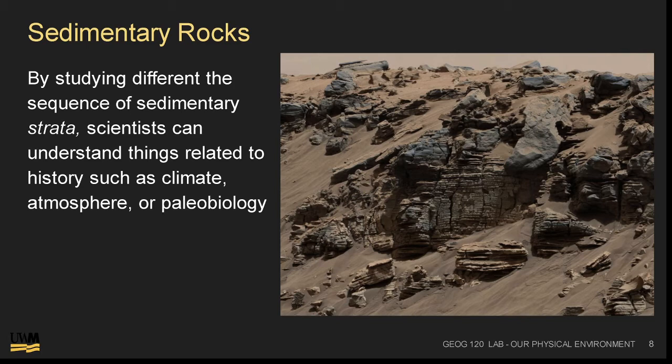So if you look at a cliff like this, you can work your way down the various strata, analyze the chemical or structural compositions of those layers, and then you can understand things that relate to climate, atmosphere, paleobiology. They're making new discoveries every day, it seems, just from analyzing the rocks.